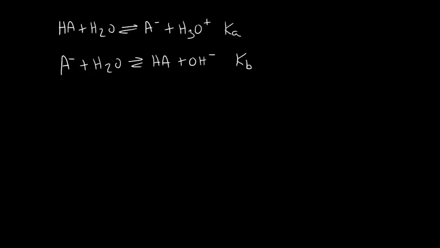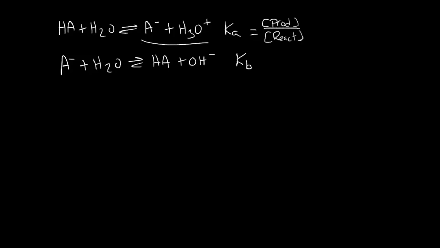So when we discussed the strength of acids and bases, we talked about it in the context of the stability of the base. The more stable the basic form of an acid is, the more likely it is that we're going to have a high concentration of products. And remember, anytime you have an equilibrium constant, we're thinking about the concentration of the products divided by the concentration of the reactants.